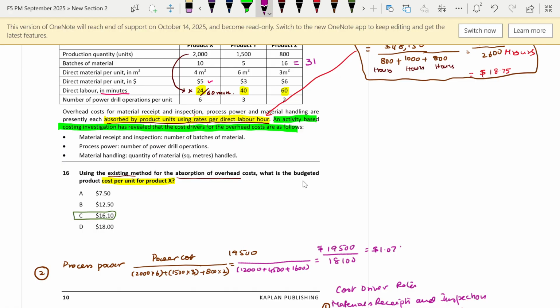You put 78, nothing will happen. This is point number 2.